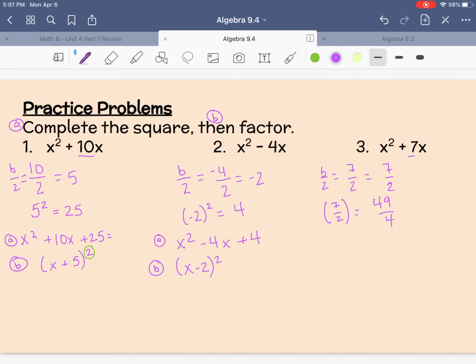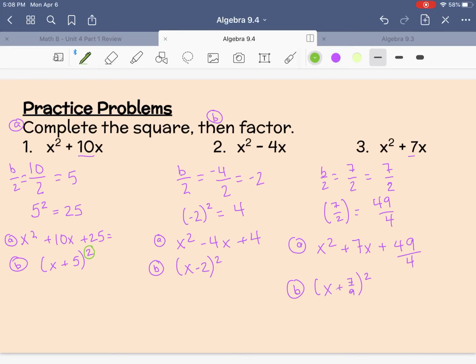Okay. So completing the square, we keep our original expression, x squared plus 7x, and then we add on what we got for step 2, which is 49/4. And then when we factor, I have x plus 7/9 quantity squared.